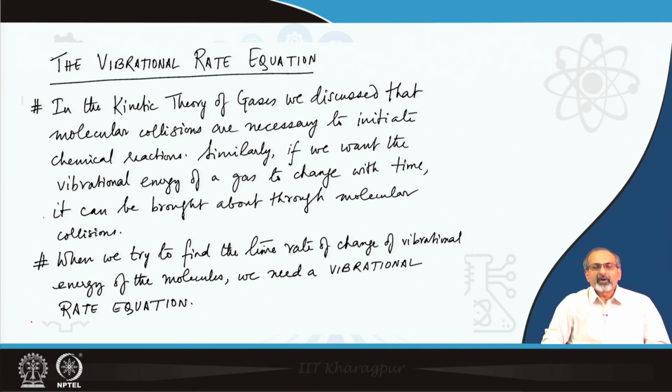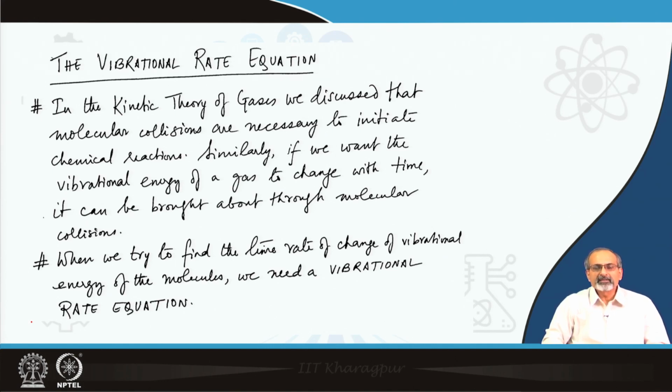When we try to find the time rate of change of vibrational energy of the molecules, we need a vibrational rate equation. And the idea of rate comes in because we are talking about a non-equilibrium. It is not a steady state. That means things are changing, the energy levels are getting altered, and if you allow enough time for an adequate number of collisions to happen, then it will reach a state of equilibrium.